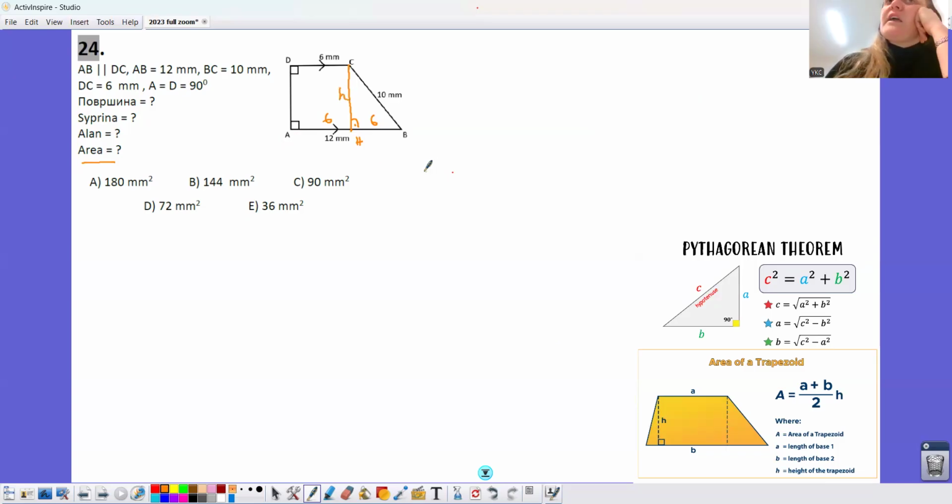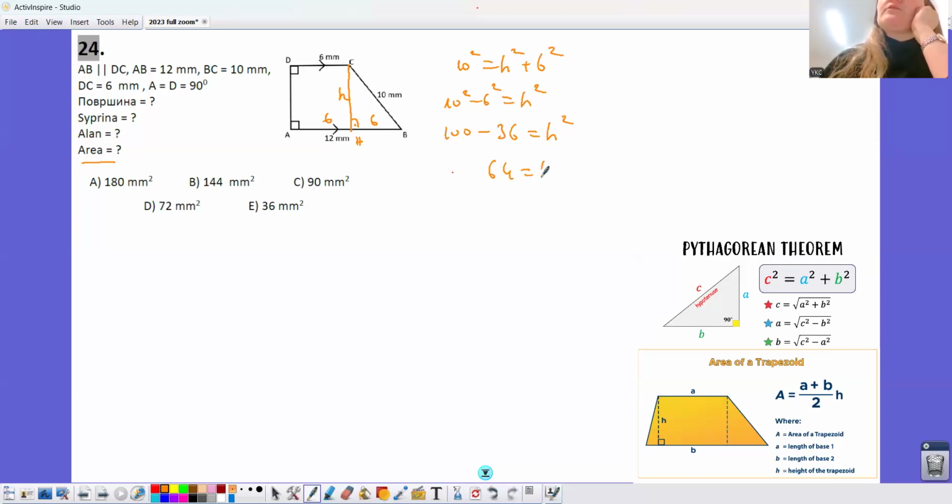Then we can find the height with the Pythagorean theorem, which will be 10 squared is equal to h squared plus 6 squared. So to find h, I will take 6 to the other side. 10 squared minus 6 squared is equal to h squared. 100 minus 36 is equal to h squared. So this is 64 is equal to h squared. So h is equal to 8.